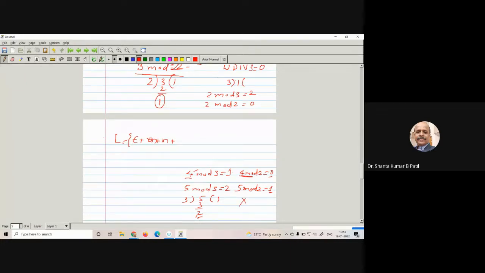How about 6? In the case of 6, 6 mod 3 is equal to 0, and 6 mod 2 is also equal to 0.